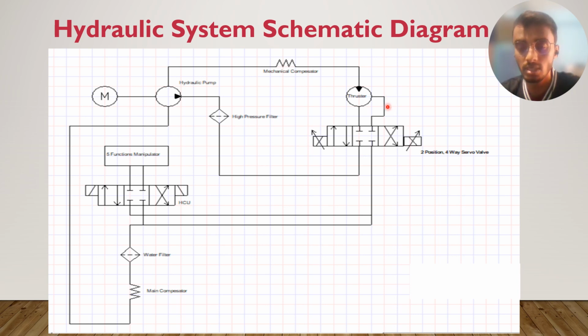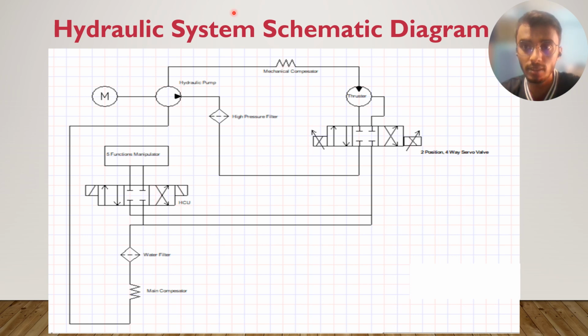Why do we use the servo valve? This is because the servo valve gives precision control and it is not like a solenoid valve which has 1 and 0, which means it can just go or stop, like on and off. So from the thruster, the line will return and go back to the HCU. From there, it will go to the 5 function manipulator.